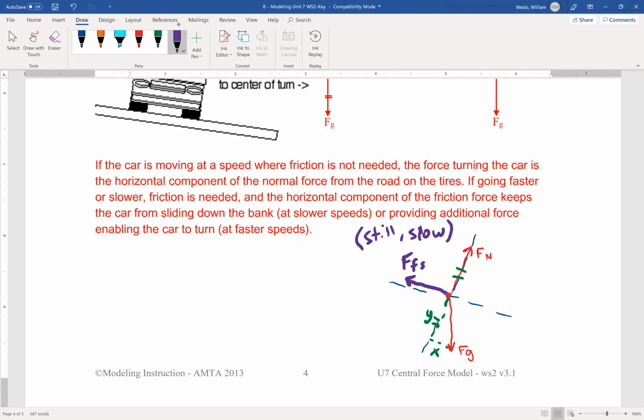We would keep going in a straight line instead of making the curve. So under normal speeds, the most likely scenario, the friction would be down the slope. So if we say normal or fast speeds, the friction would be down the slope.